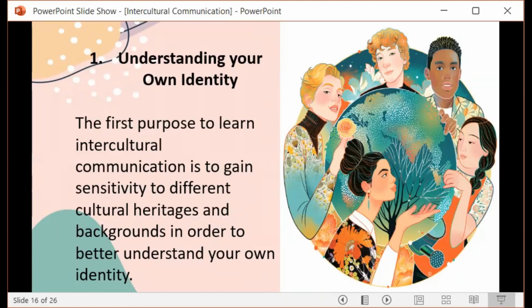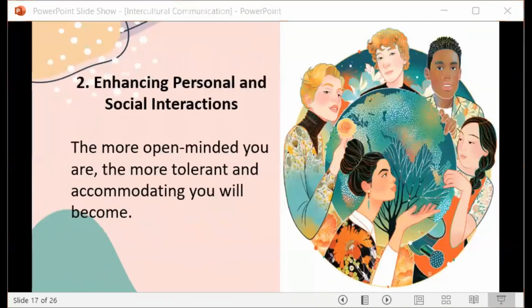It could be racial, cultural, gender, or social class factors that may affect your personal identity, who you are and who you want to be, and it could also influence your decisions, your values, your beliefs, your lifestyle, and many other aspects. Okay. Aside from that, it could also help us to enhance our personal and social interactions. According to this, the more open-minded you are, the more tolerant and accommodating you will be.